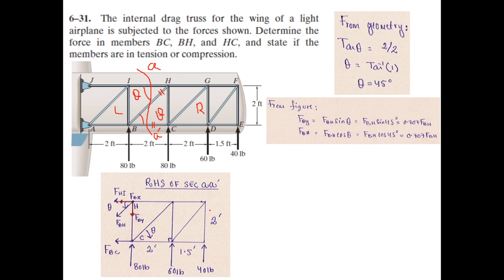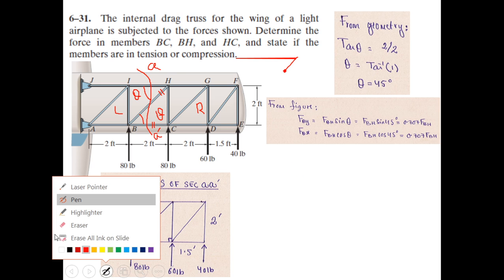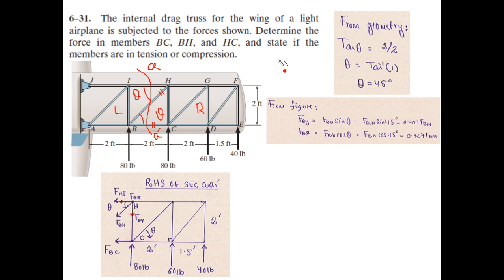And one thing you might have realized is that I have shown these forces to be of tensile nature, that is acting away from the point of contact. So in statics, if there is a point here and a force is applied, if the direction of the force is acting away from the point of contact, it is of tensile nature.